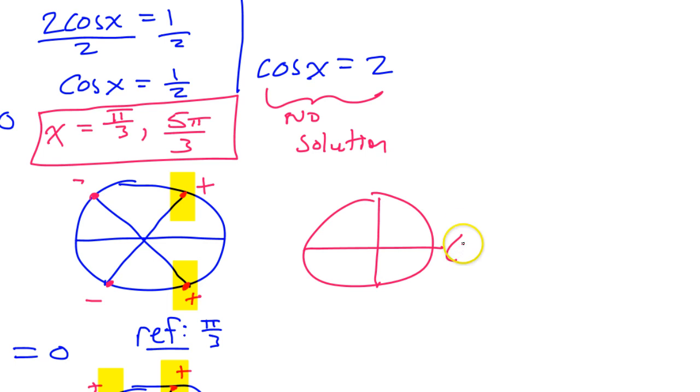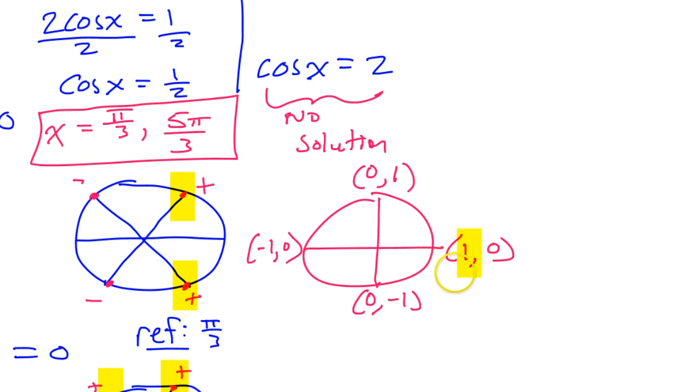Cosine is the x value: 1, 0; 0, 1; negative 1, 0; 0, negative 1. Here the cosine is at its highest value of 1.